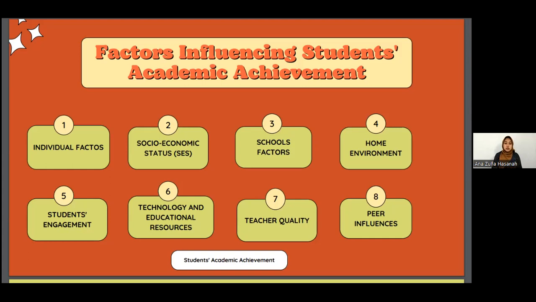And for students' engagement, students possess self-regulation skills, have a positive attitude towards learning, establish personal connections with teachers, and employ active learning strategies. By fostering students' engagement, teachers and mentors can promote improved academic outcomes and support students' academic success.